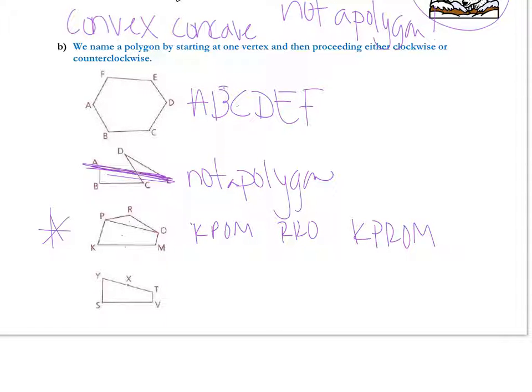Okay. And then the last one is kind of tricky because you would just say SYTV. You would not include the X because it's not a vertex. So you only include letters that are vertices.